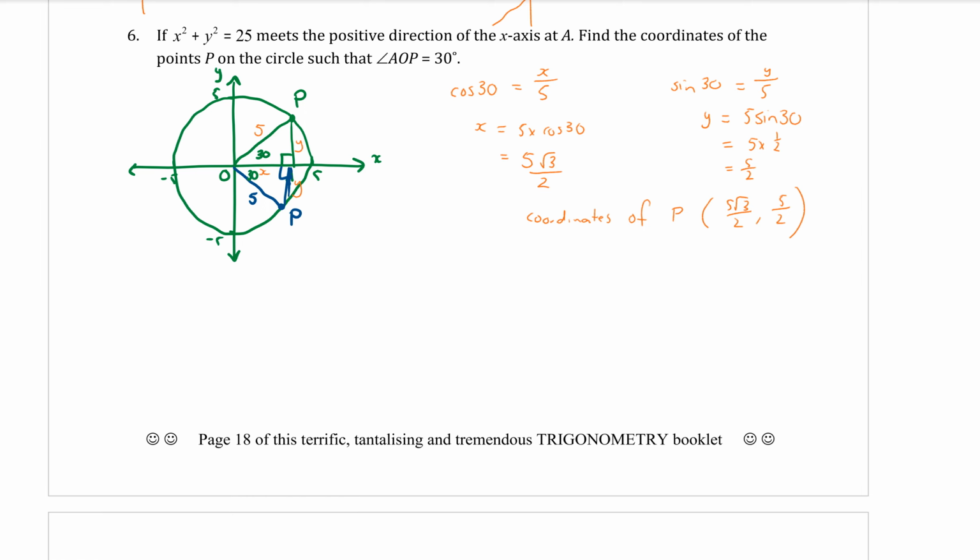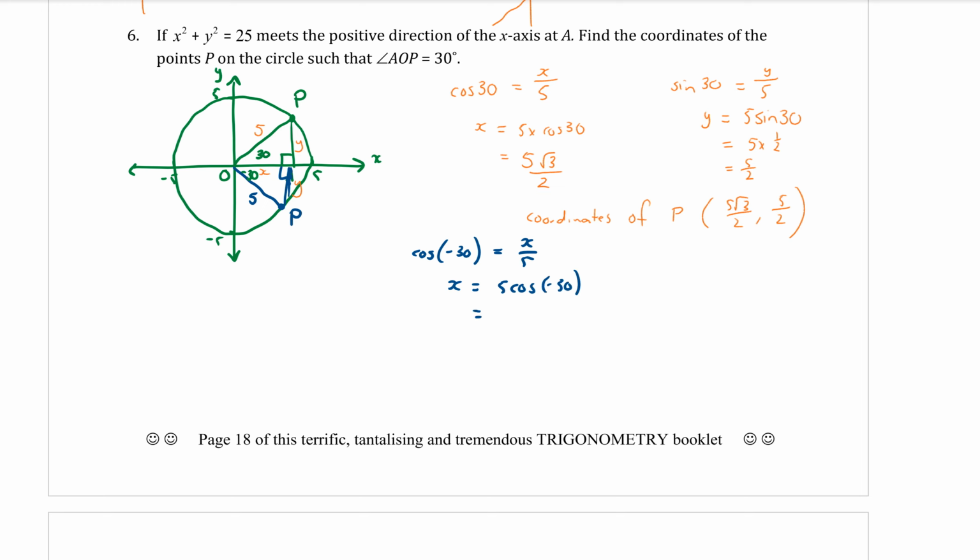And I'll write negative 30 because we're below. If I do cos of negative 30, that is equal to adjacent over hypotenuse. That times that 5 across, that's 5 cos of negative 30.